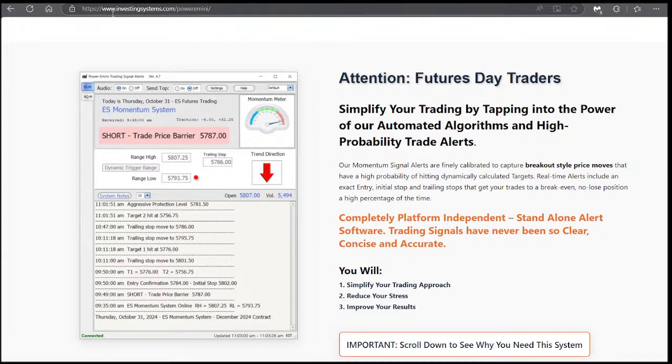Your best bet is to come over here and go through a lot of the material that I didn't have time to cover, or just go to poweremini.com. Same thing. This is just a little bit more condensed version here. So anyway, if you have any questions at all, you can email me at info@poweremini.com or info@investingsystems.com.